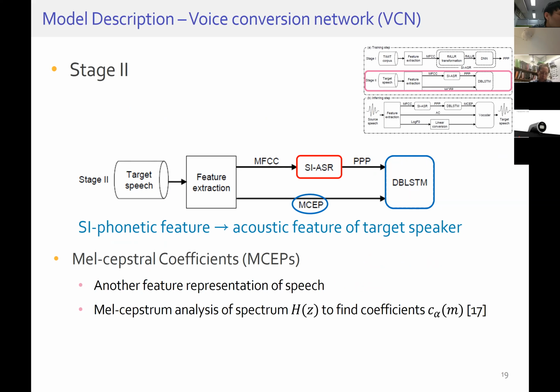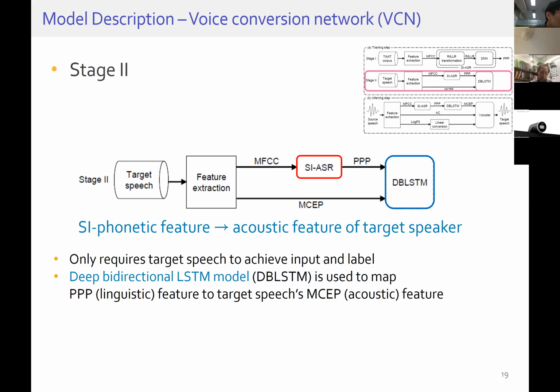The acoustic feature used here is the Mel-cepstral coefficient, MCEP. It is a coefficient of Mel-cepstral analysis of the spectrum of the speech. As SIASR erases the source speaker's unique characteristics, the target speech can be used as both input and output to train the DBLSTM.